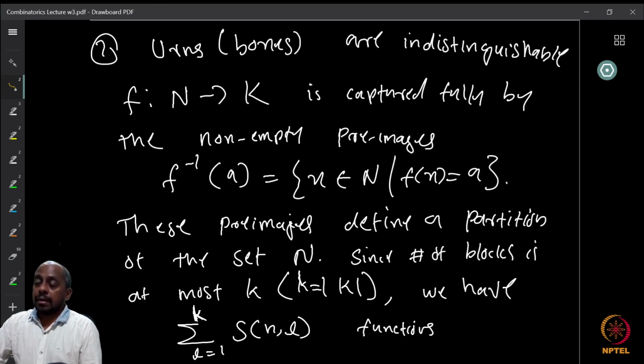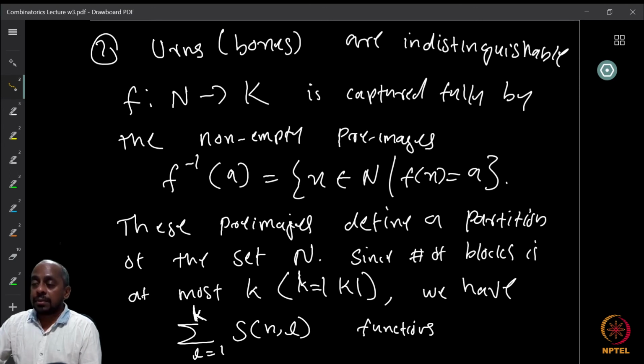But if you take all the pre-images of the elements, you are going to get the set n. If you collect them with respect to their image, what we get is basically a partition of n. So this defines a partition of the set n, and the number of blocks is at most k because we are only having at most k boxes or k bins.